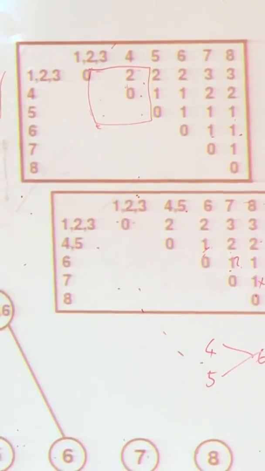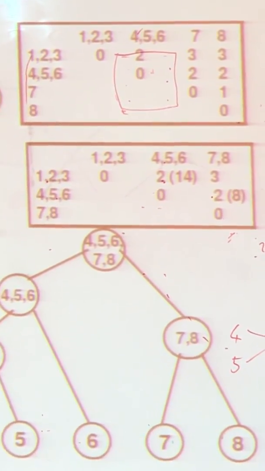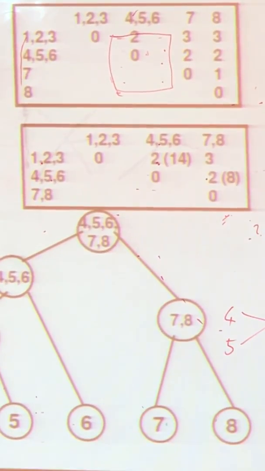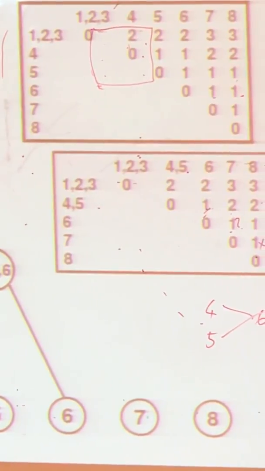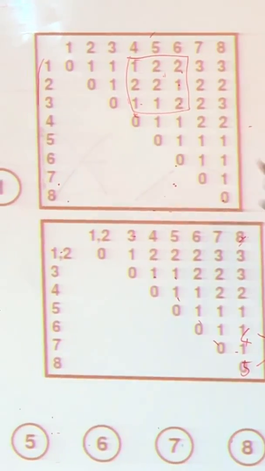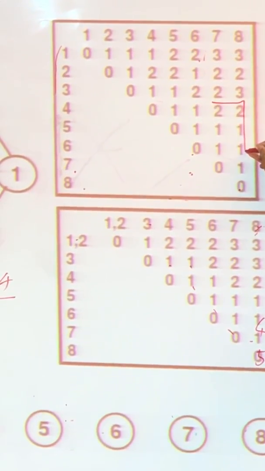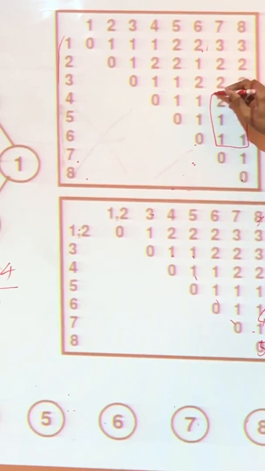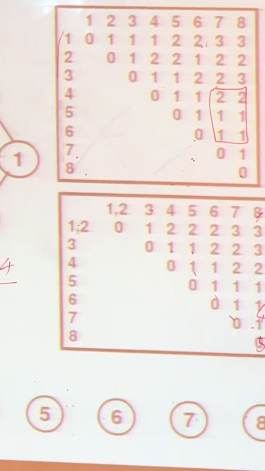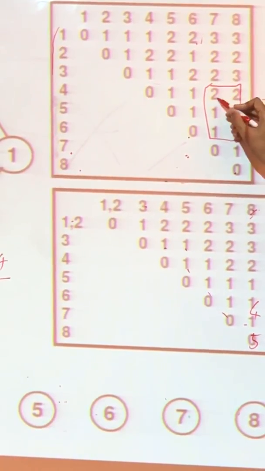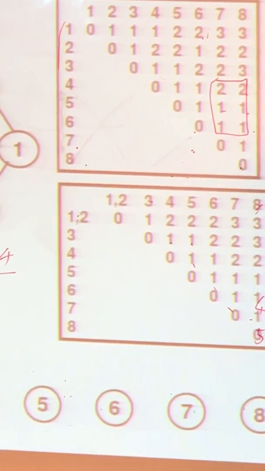What is the other cluster pair? 4, 5, 6 with 7, 8. So 4, 5, 6 with 7, 8 is going to be this. So that's going to be 2 plus 2, 4, 6, 8.